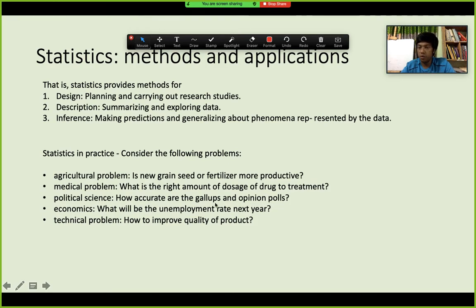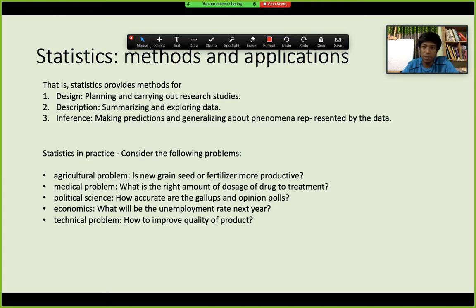Same thing goes with the medical problem. When we have fever or any other disease, we go to the doctor, and the doctor actually knows how many milligrams of that tablet or capsule we have to take. They write, let's say, 50 milligrams or 100 milligrams or 500 milligrams, or even in some tablets only 5 milligrams is enough for our body, and doctors know that. How do they know that?